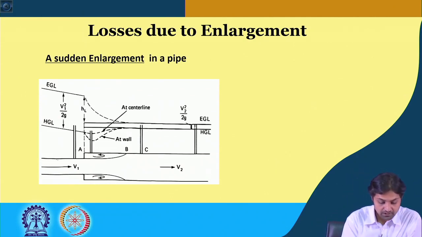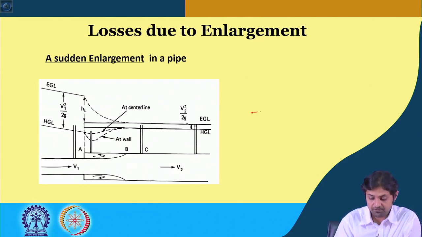If there is a pipe which is going into a reservoir, for example, or any structure that is bigger than this pipe, so going from one smaller pipe into a larger pipe, this is enlargement.